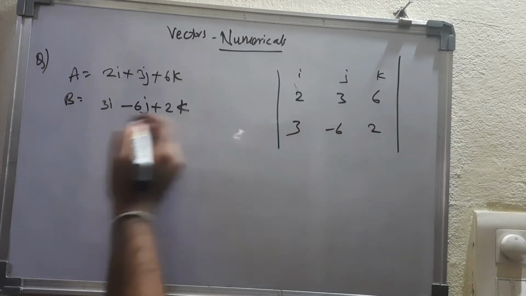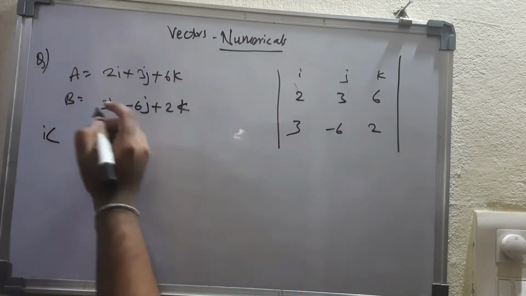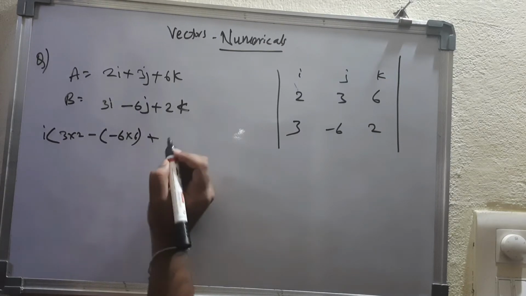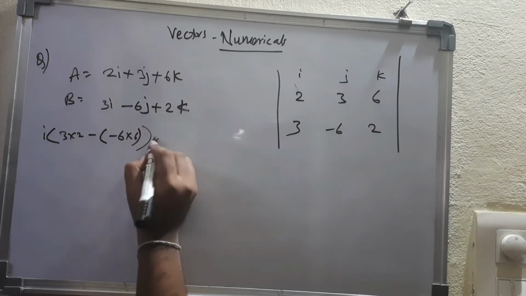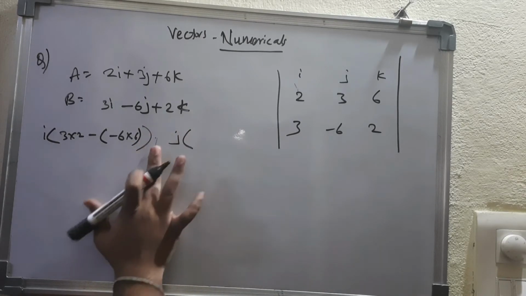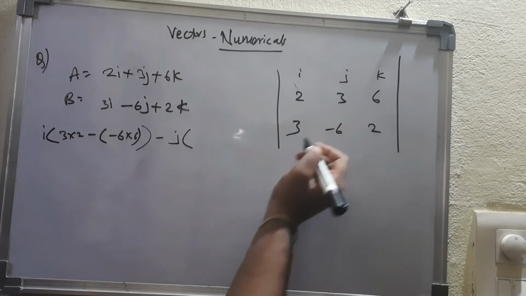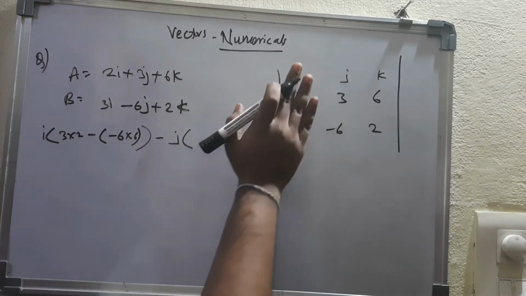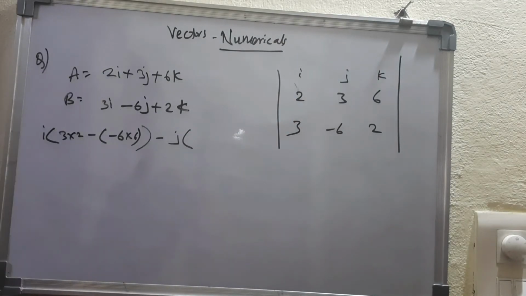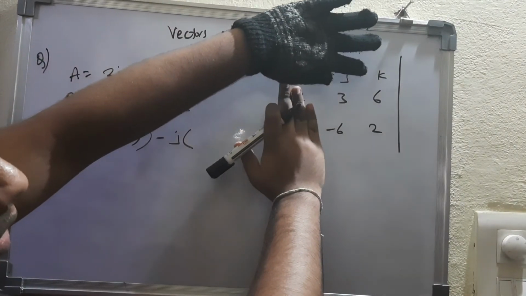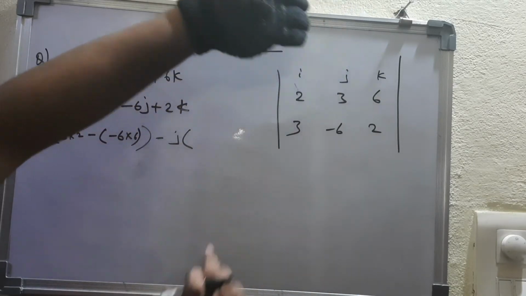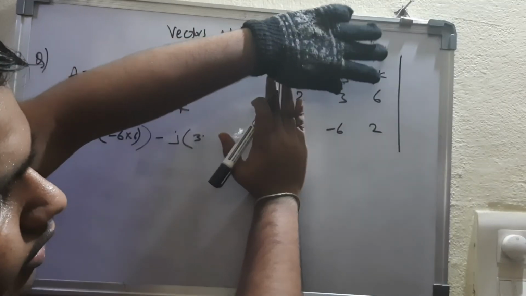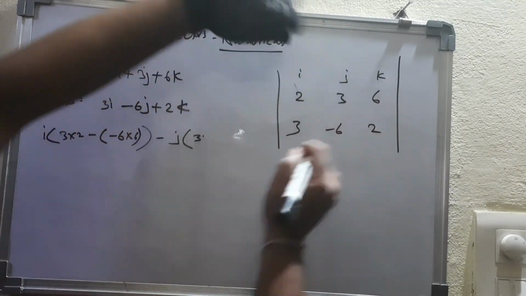Now we have to take the cross product. i into 3 into 2 minus of minus 6 into 6, plus minus j into, forget this row and column, 3 into 2 minus of minus 6 into 6.